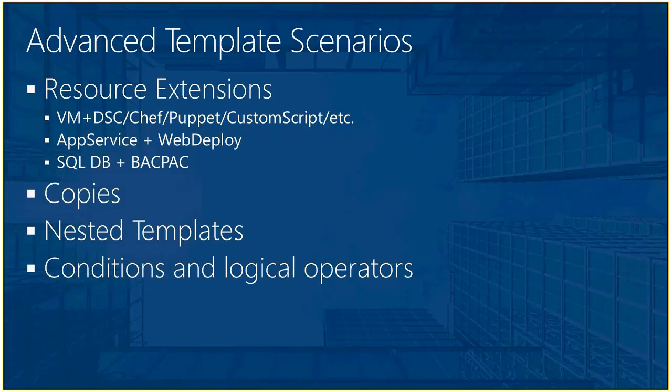So you can run scripts and have that successfully executed as part of your deployment as well. So you can have your entire application deployed, not just the topology. We also have support for copies. So if you need to iterate through multiple resources of the same resource type, you can easily do so. We also have nested templates, and I have a few slides for that as well. And we also now support conditions and logical operators.